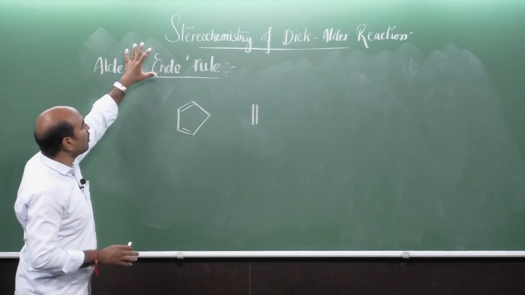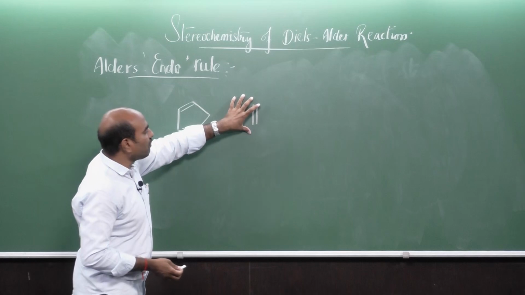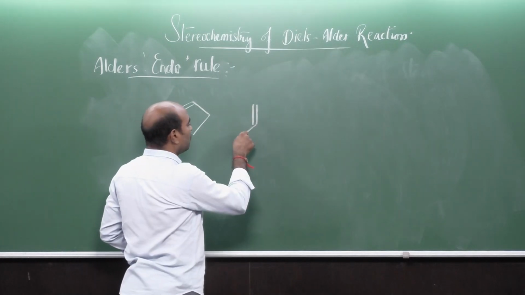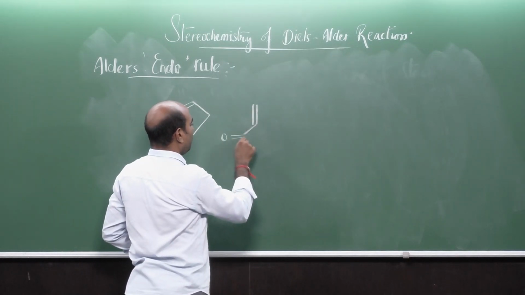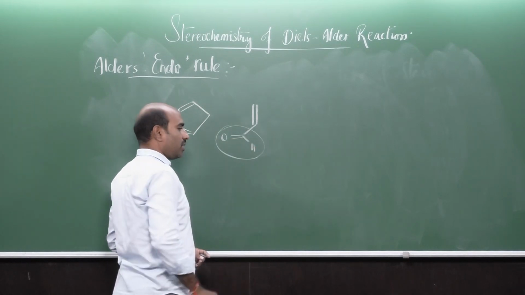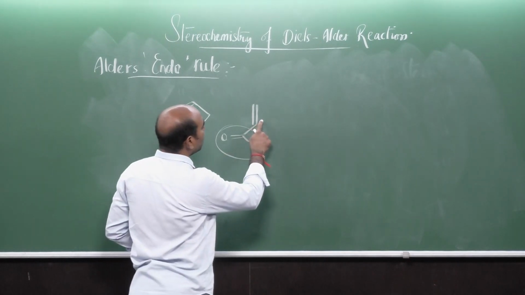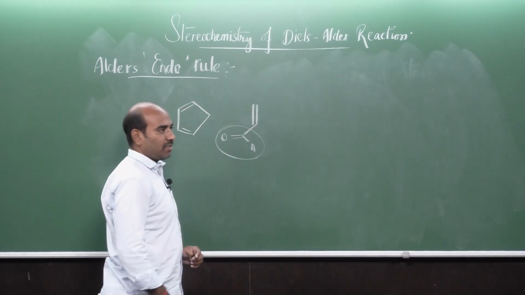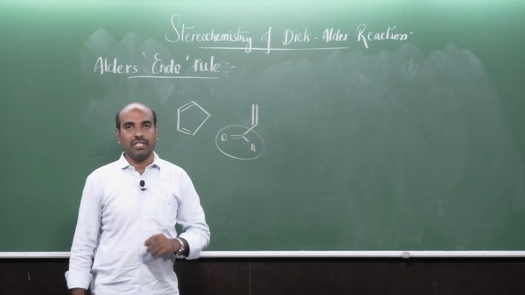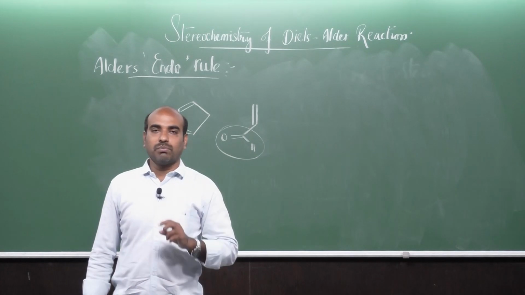When Alder's endo rule is seen, the dienophile is connected to an unsaturated functional group, a carbonyl group, which is in conjugation with the double bond of the dienophile, then he could always observe two different types of isomers.